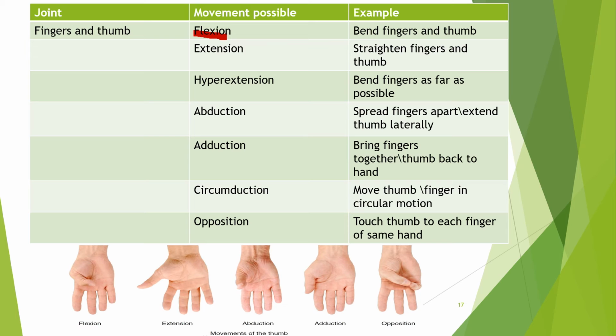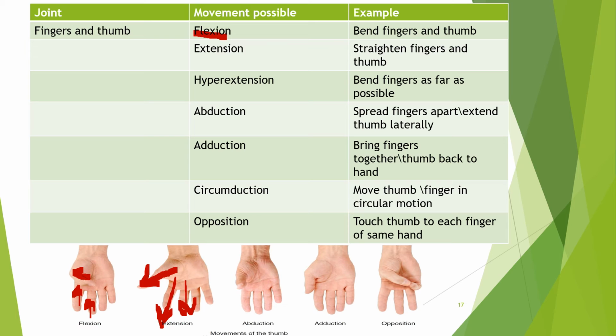The fingers and thumb bend toward the inner side. Extension is the straight finger and thumb, with the thumb in a straight position, like that.